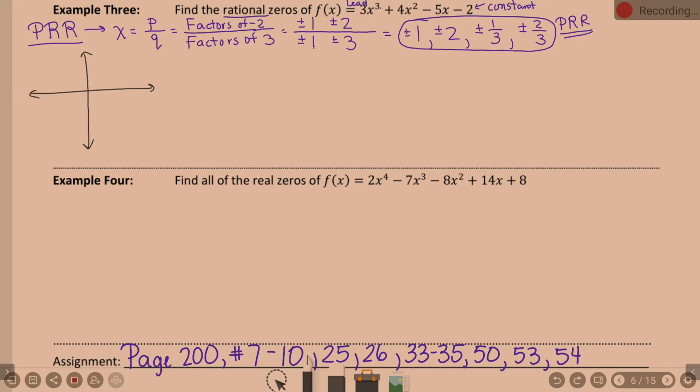So we're typing in negative 2. Wait, what did I do? Oh man, I put in the last one again on accident.